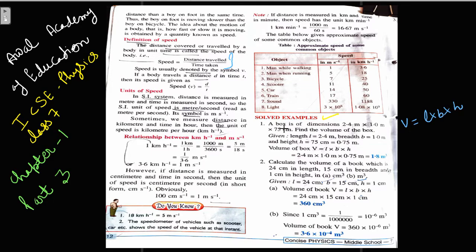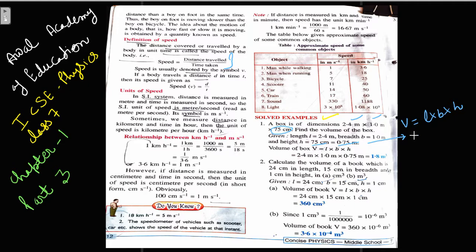You have to keep one thing in mind. This is in centimeter and these two are in meter. So we have to convert it into meter, like given here, 75 centimeter has been converted into 0.75 meter.